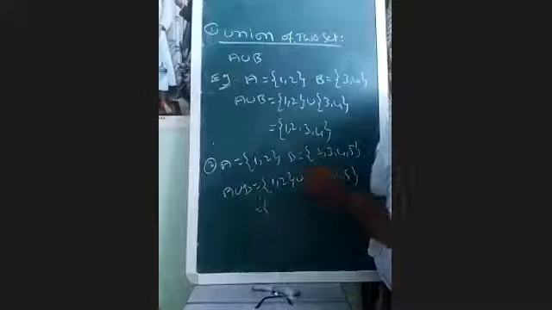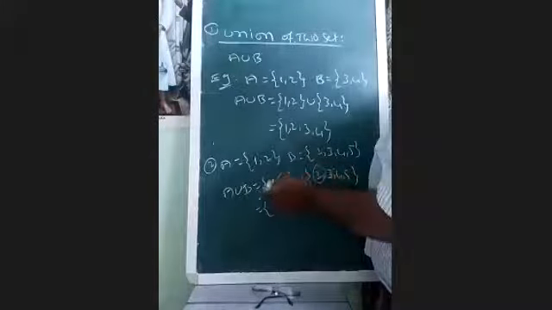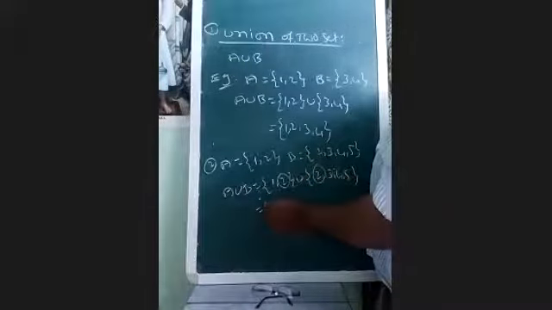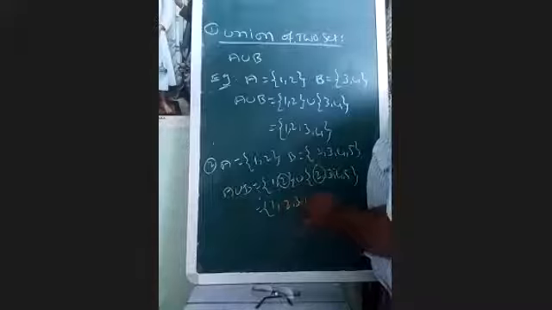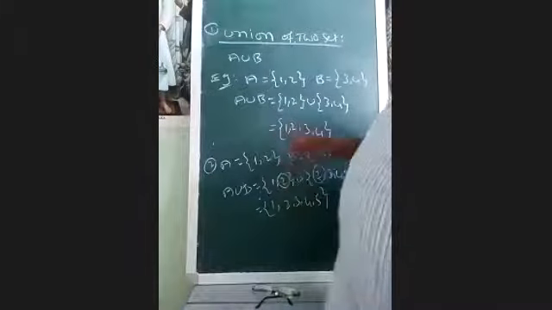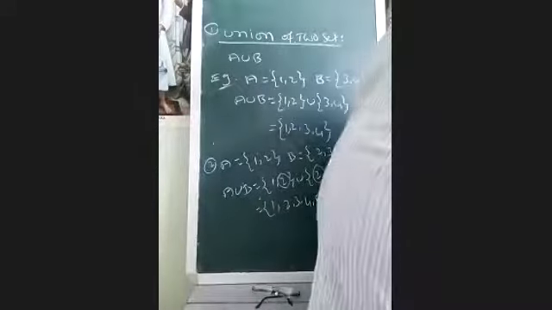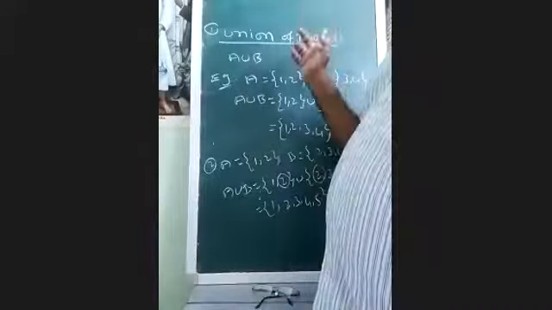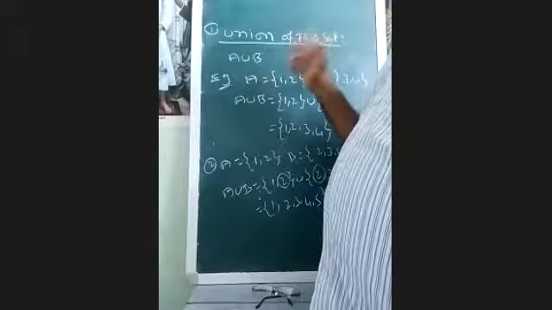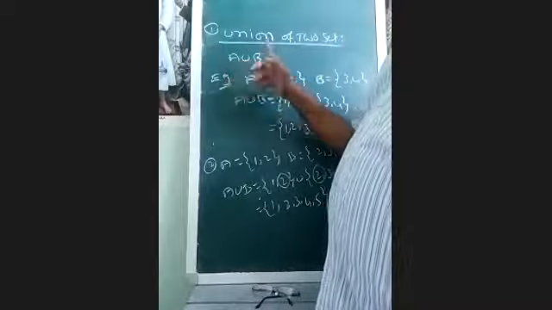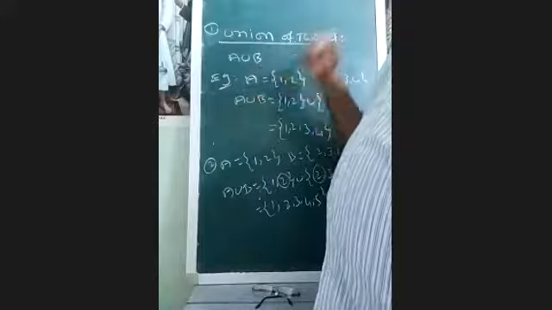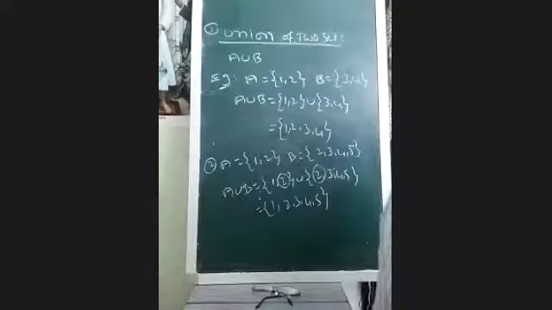You observe here repeated terms, those you have to take one time. {1, 2, 3, 4, 5}. Then this is called union. What is the definition of the union? The set of all elements which belongs to either A or B or both. Then this is called union.